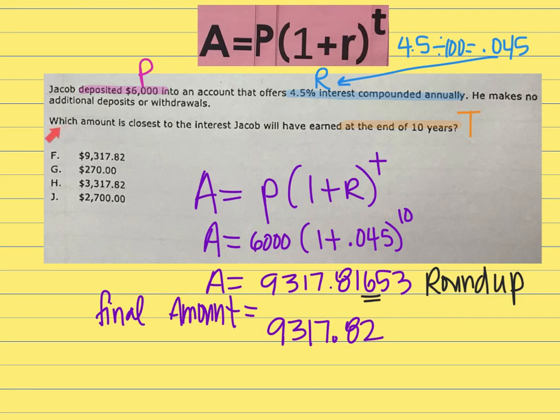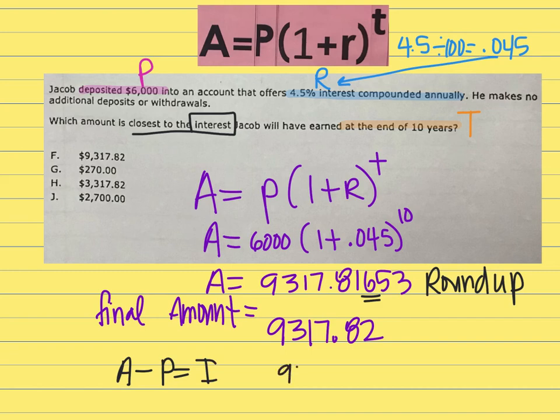Okay, before we choose that as an answer choice, we need to come back up here and read to see what it is asking for. This says which amount is closest to the interest. That doesn't say final amount of money. This says interest. So now what I'm going to have to do is take my final amount of money and subtract the principal to just get my interest.